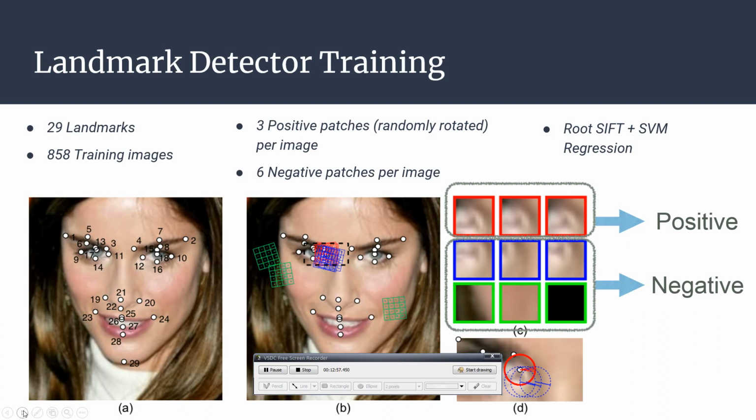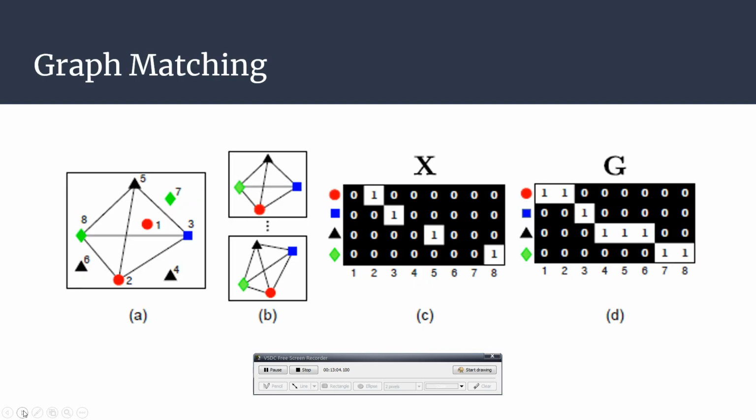The graphs are shown in picture B in green, blue, and red. These are matched to find appropriate landmarks. As you can see, the first image has the 29 landmarks, which provide the significant points which produced consistently good results.